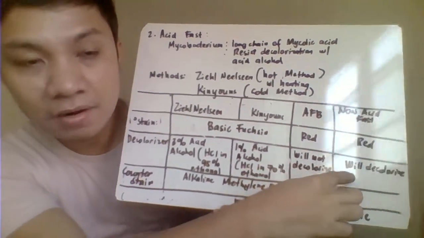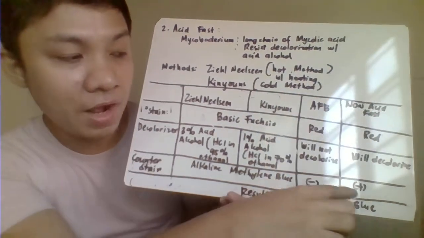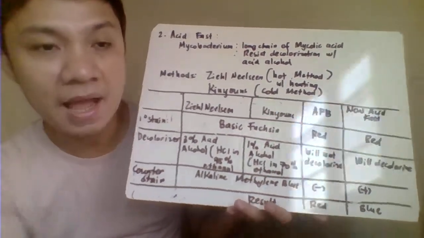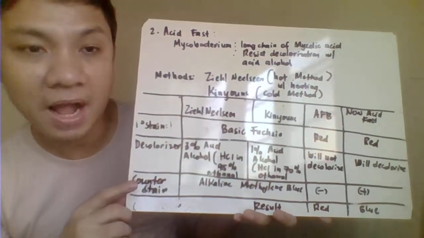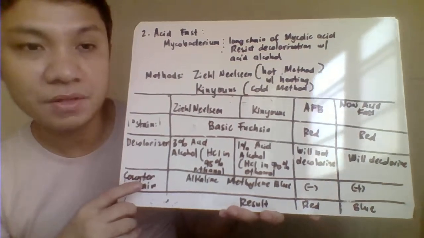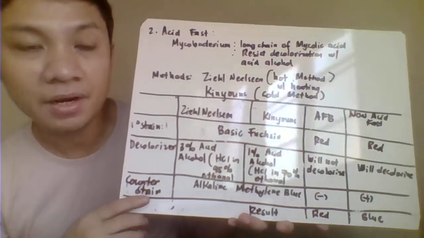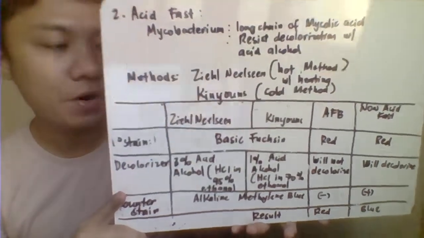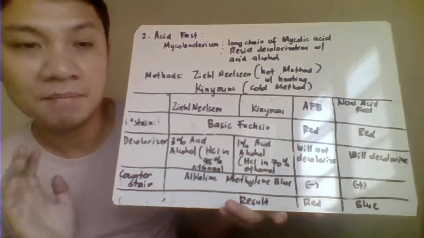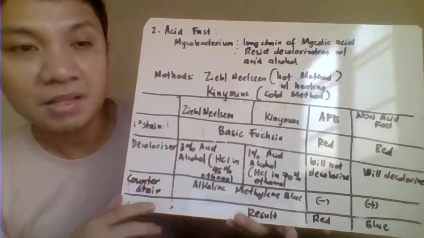It will also be decolorized by the acid alcohol, and therefore Nocardia will give a blue color. It seems to become non-acid-fast because the very strong acid used as your decolorizer will dissolve its mycolic acid. Therefore, when you are suspecting the presence of Nocardia, of course you need to correlate the medical conditions, signs, and symptoms of the patient if you are suspecting Nocardia.